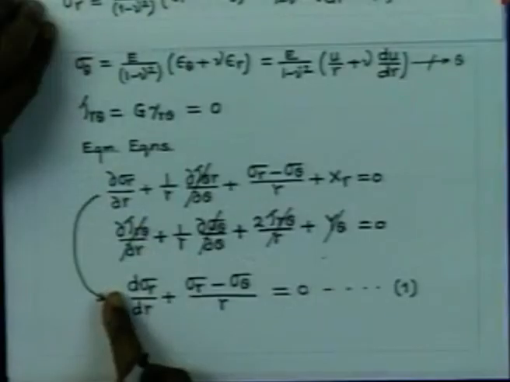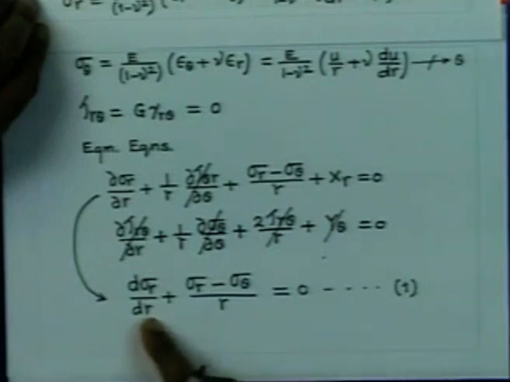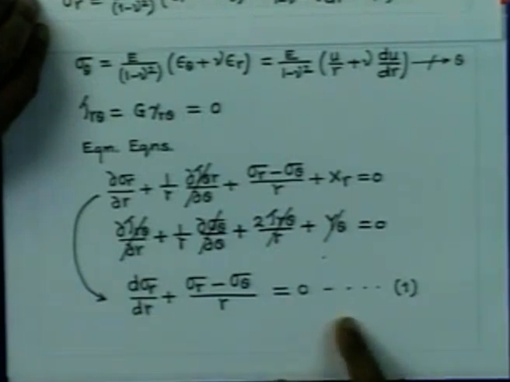You can easily understand that sigma r, sigma theta are functions of u. So, when we substitute the value of the stresses in terms of displacement, this gives an equation involving the displacement u, and that gives the basis to find out the unknown function u.